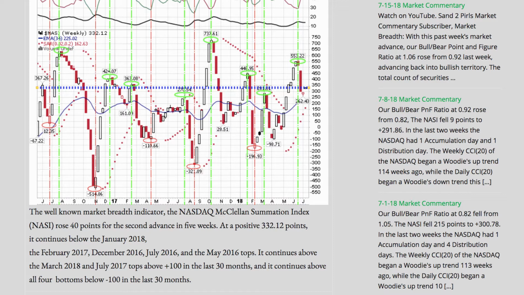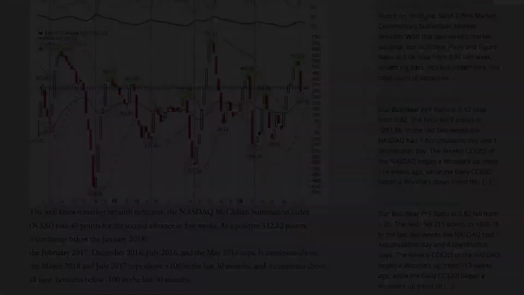It continues above the March 2018 and July 2017 tops above plus 100 in the last 30 months, and it continues above all 4 bottoms below minus 100 in the last 30 months.